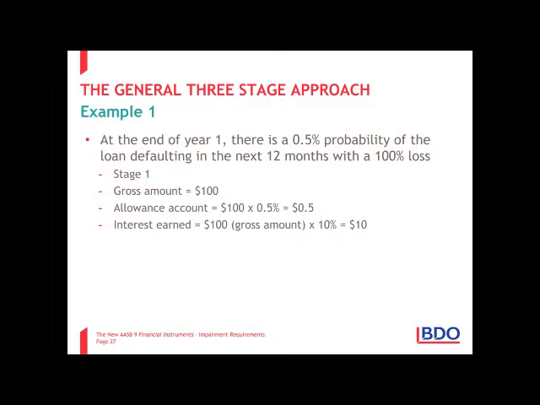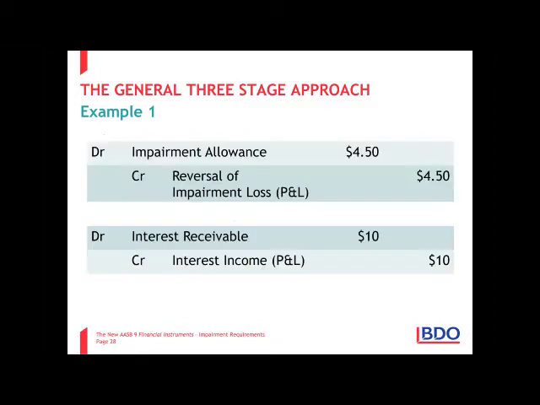So after end of year 1, we say, listen, the probability of defaulting in the next 12 months is only 0.5%. So it's still stage 1. There's no significant increase in credit risk. The gross amount is 100. Allowance account or the allowance provision should now only be $1.50, and your interest earned is still a gross amount, the $100, 10% for the 1 year, and we've got $10.